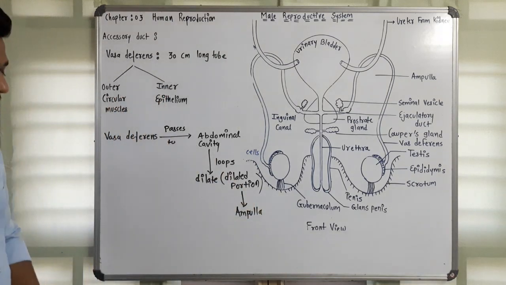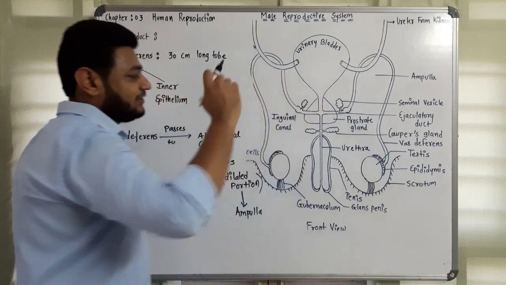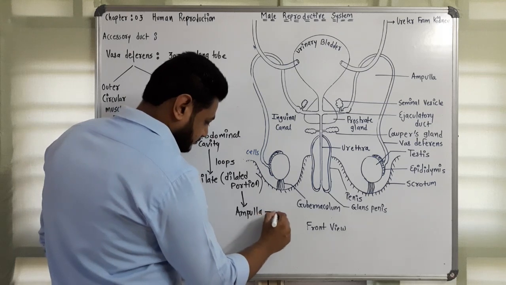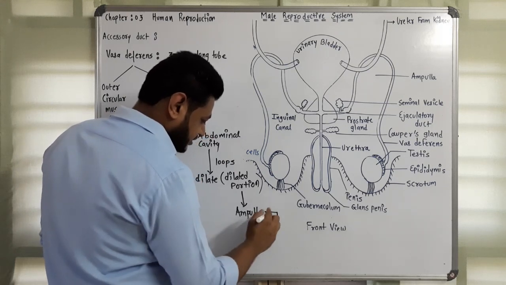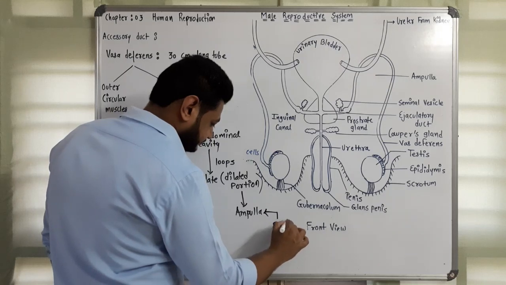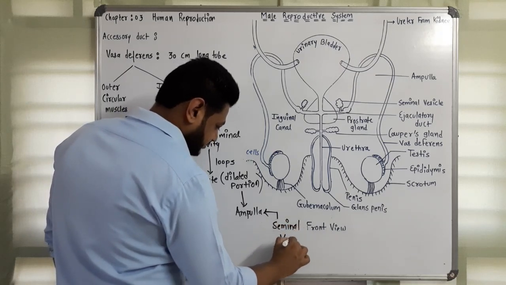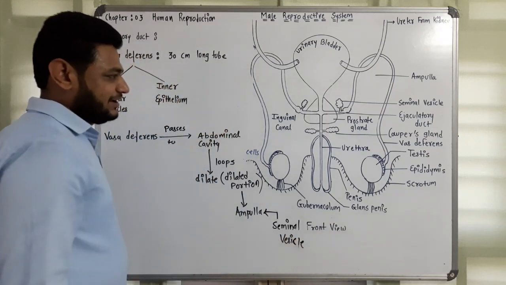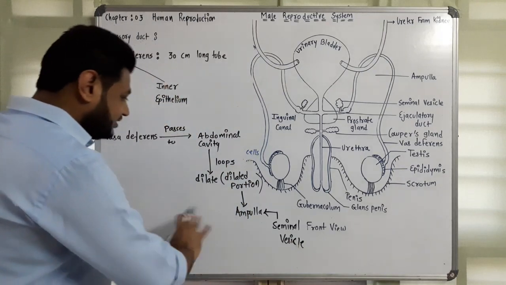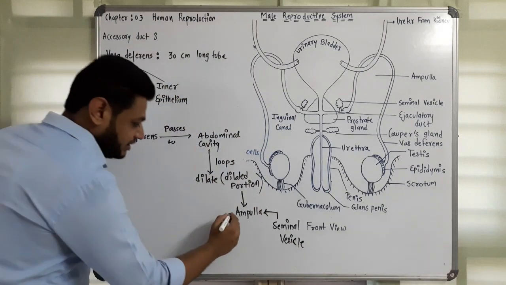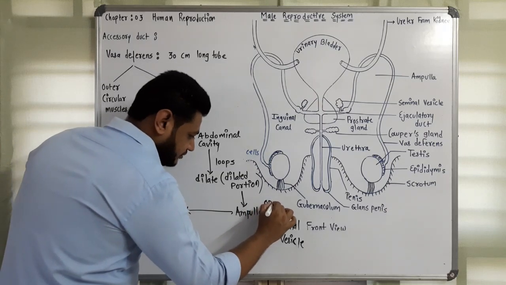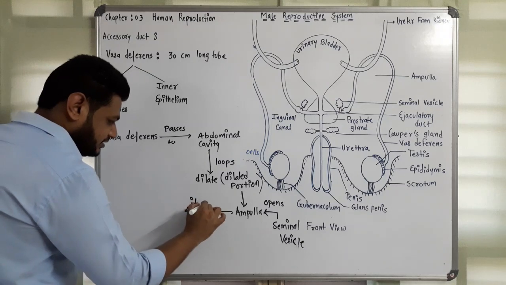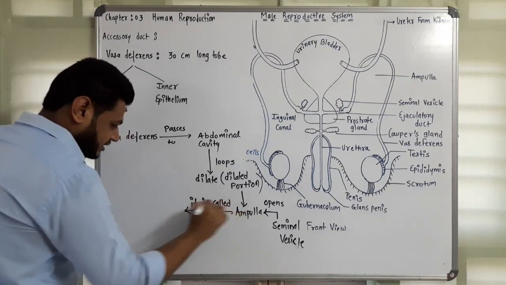Now this ampulla is the place where the seminal vesicle also opens. So we can write here what opens into the ampullary region: the seminal vesicle. When the seminal vesicle opens into the ampulla, the duct is called the ejaculatory duct.